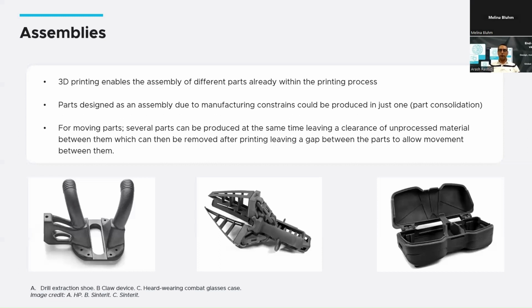So you can do it with 3D printing without problems. Of course, not any assembly and not any material-technology combination is suitable for that, but this is what is available with additive manufacturing.